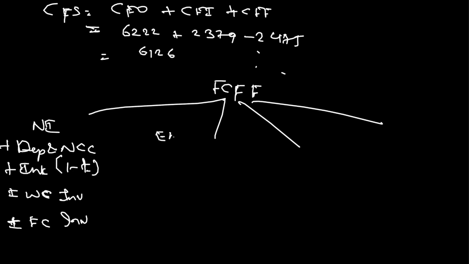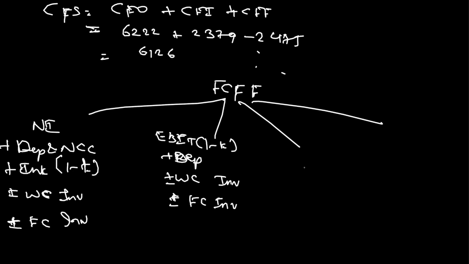Similarly, you can do this using EBIT into 1 minus tax, then plus depreciation, then minus working capital investments, plus or minus, and plus or minus fixed capital investments.